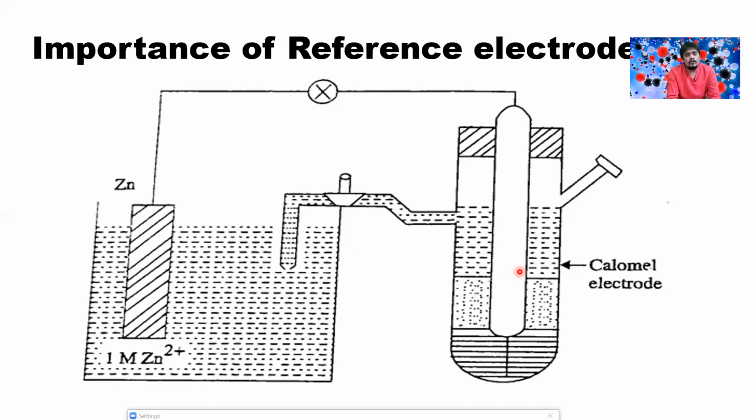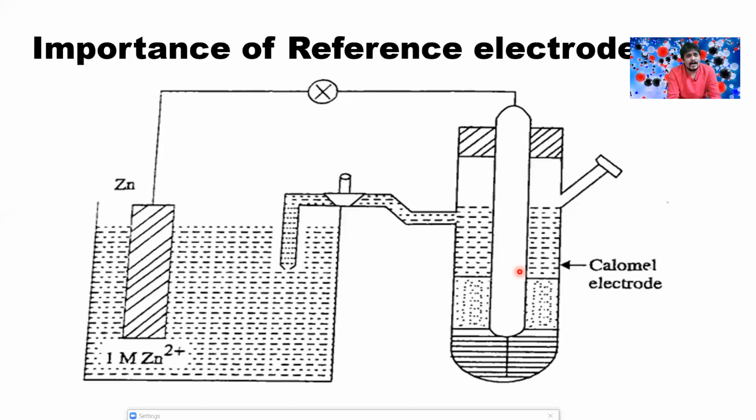Do remember, students, that reference electrodes have a dual nature. They can act as anode and undergo oxidation, or they can act as cathode and undergo reduction.